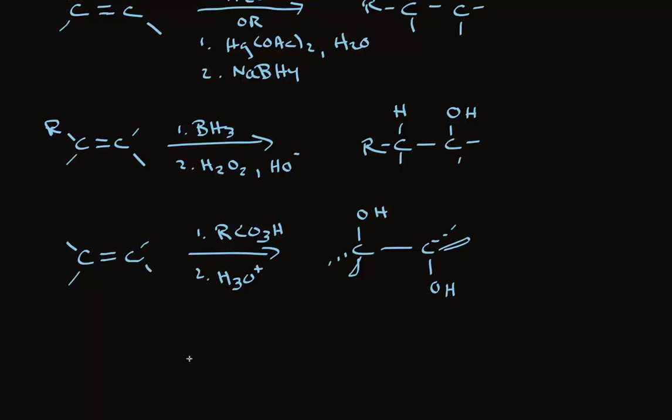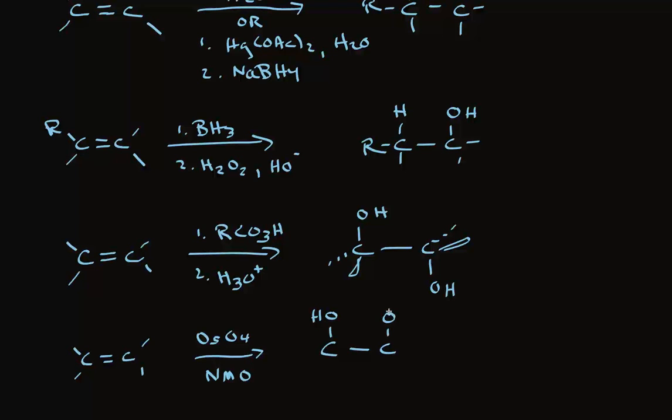But if you treat the same alkene with osmium tetroxide and some oxidizing agent, N-methylmorpholine N-oxide, NMO, is a really good choice, those hydroxyls are added at the same time, so they're on the same side.